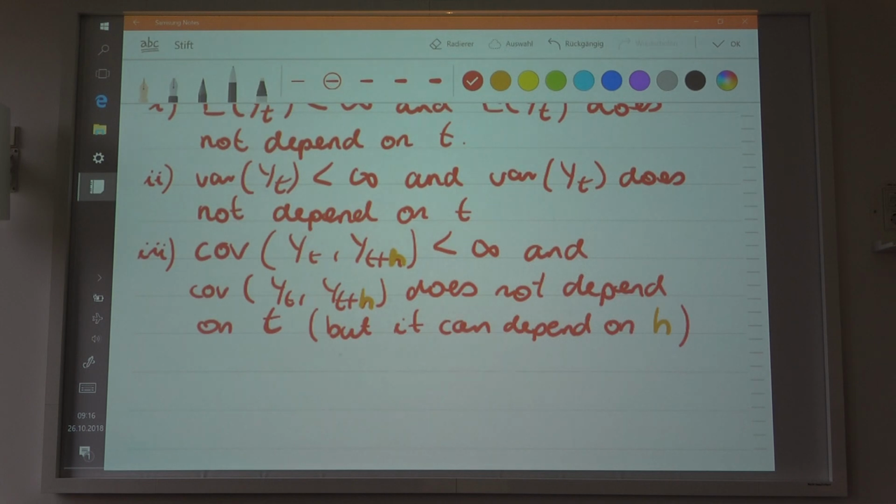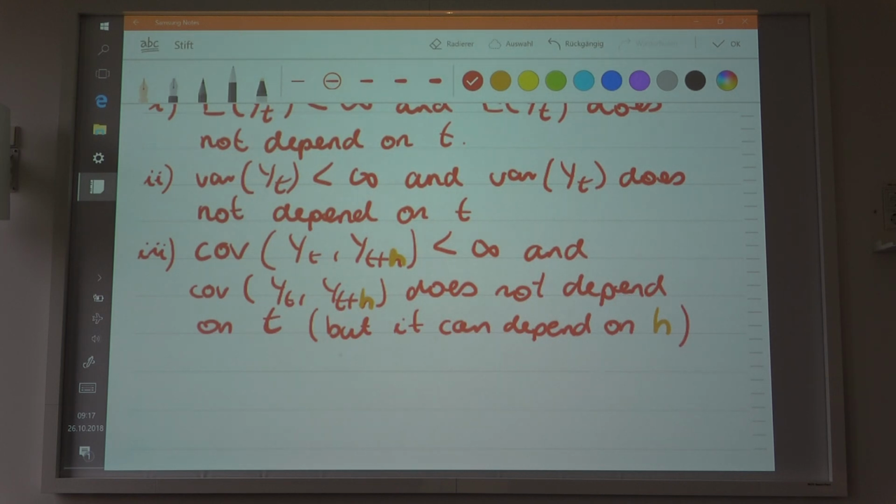A serial correlation only depends on the time distance between the sampling points, but not the concrete time of the sampling point itself. So the autocorrelation between point 10 and point 12 is going to be the same as the autocorrelation between point 20 and 22. You understand? That only depends on the time distance.